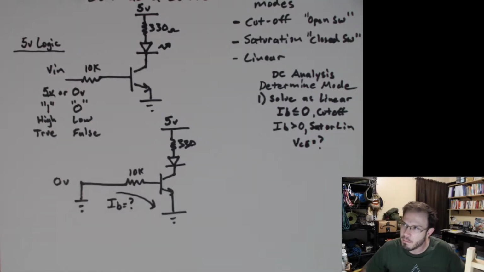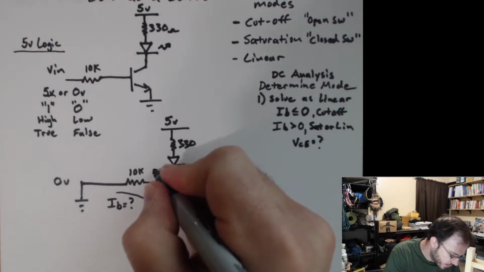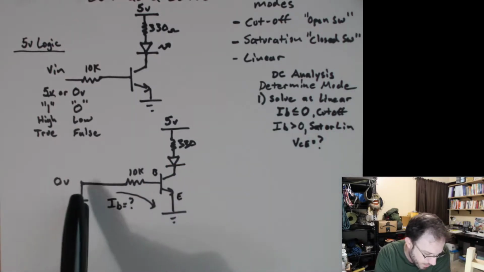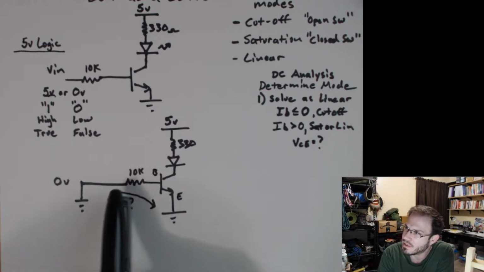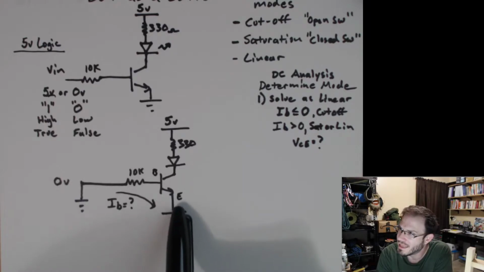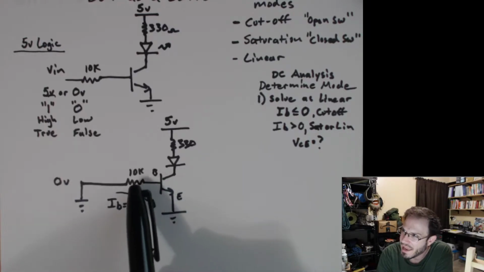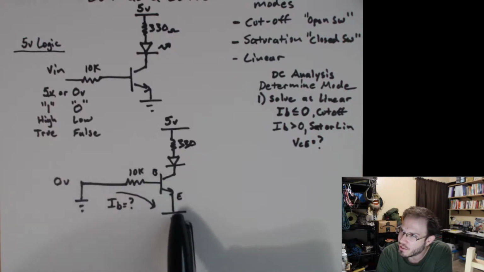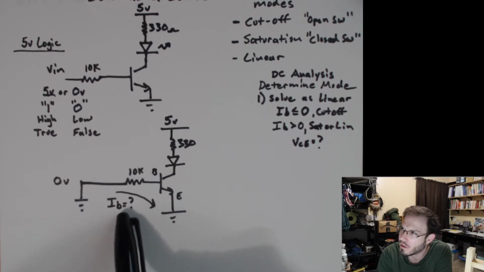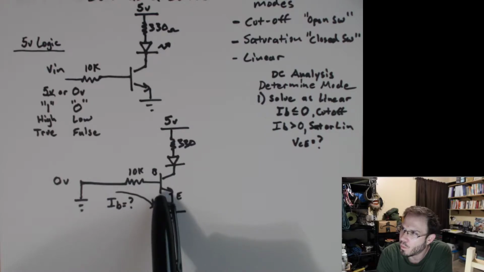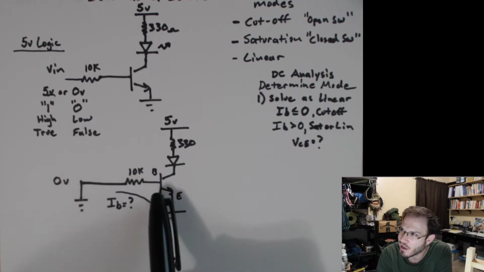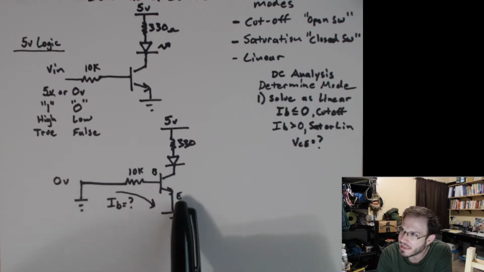Look at that base emitter circuit over here. We have 0 volts applied through a 10K resistor into the base of the transistor, and 0 volts on the other side at E. Now, in order to get any current to flow, in order for IB to be greater than 0, we need to have a voltage here that's higher than the voltage drop between the base and the emitter.